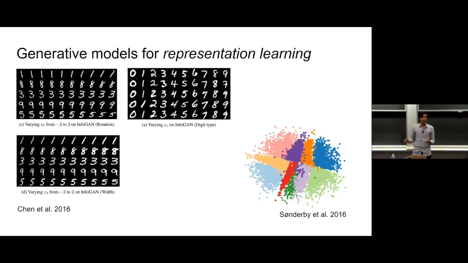And it's learned to factor that out of the variation in the data. It's also learned stroke width as a concept. That's the bottom image. We can see that it's learned to map its images from very, very thin strokes on the left to thicker strokes on the right. And then finally, of course, it learns digit identity as well.